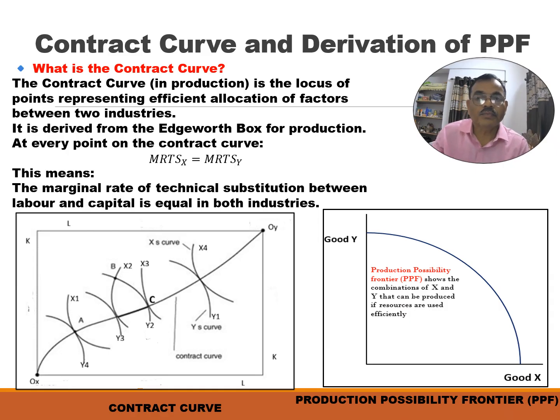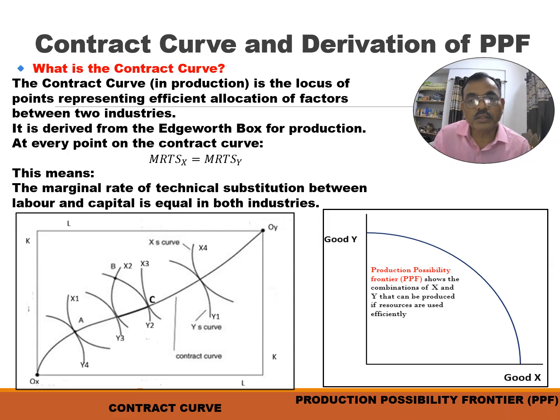The meaning is that the contract curve shows all combinations of labor and capital that fully utilize existing resources, and it ensures production efficiency. It does not allow reallocation to increase output of one good without reducing the other.